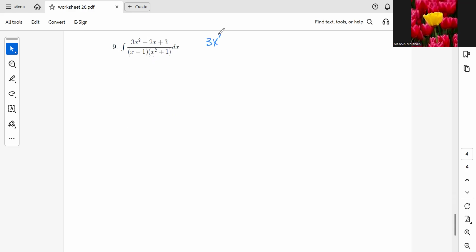So (3x squared minus 2x plus 3) over (x minus 1) times (x squared plus 1) will be two different fractions. The first one, x minus 1, with a as the top. The second one is x squared plus 1. This is not reducible, and this doesn't have any power for the whole thing, so the numerator will be of degree 1.